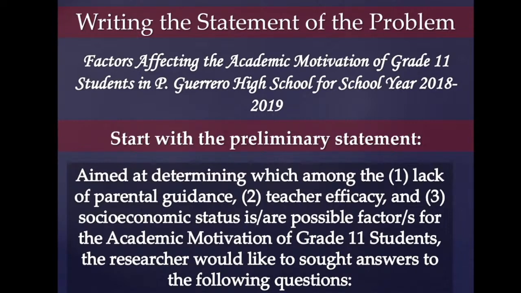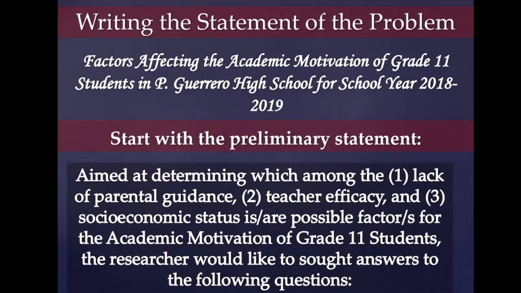Our title a while ago was Factors Affecting the Academic Motivation of Grade 11 Students in P. Guerrero High School for School Year 2018-2019. Here's the preliminary statement. Aimed at determining which among the lack of parental guidance, teacher efficacy, and socioeconomic status are possible factor or factors for the academic motivation of grade 11 students, the researcher would like to seek answers to the following questions.